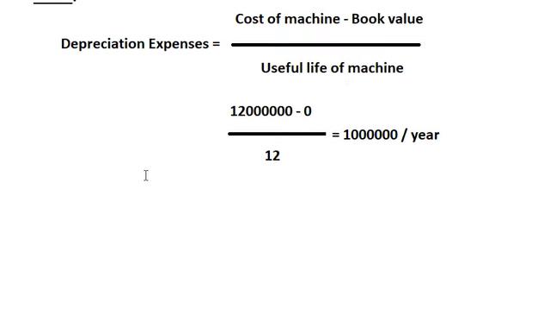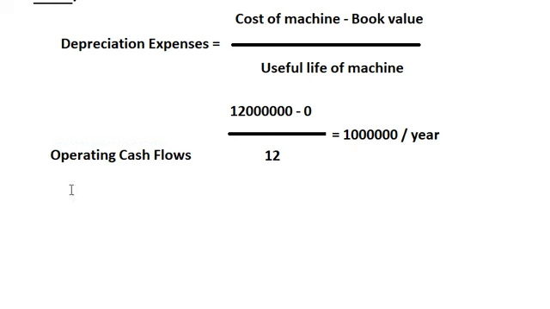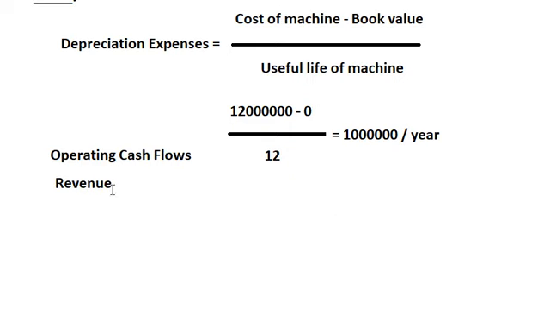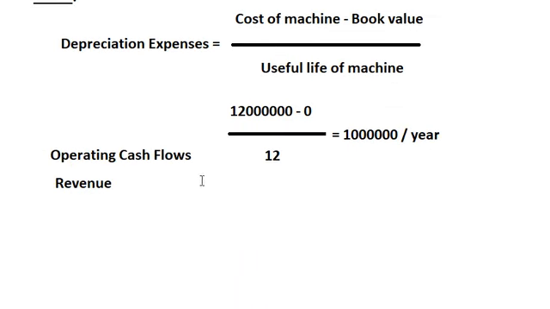So I will show you the table on how to calculate operating cash flows. The first thing, we need to find the revenue. The revenue of this machine is 4.16 million.